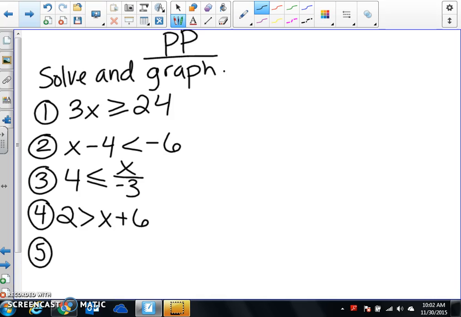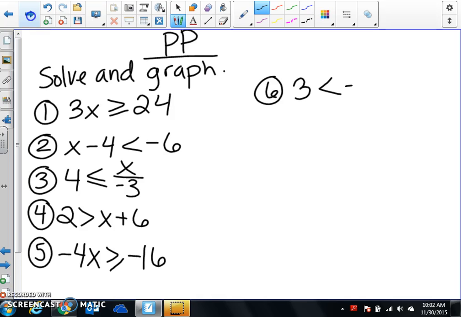Number 5: negative 4x is greater than or equal to negative 16. And number 6, let's do 3 is less than negative x. How about that? All right, have this ready for tomorrow.